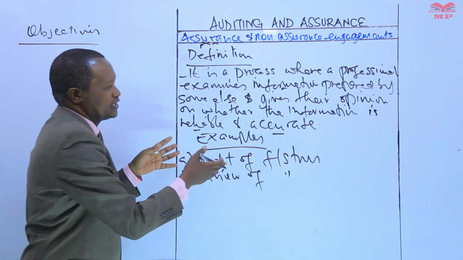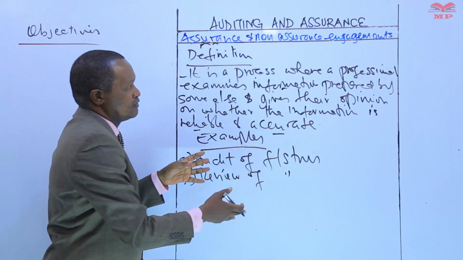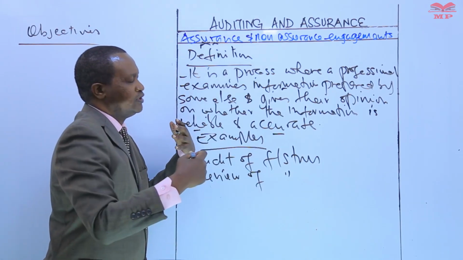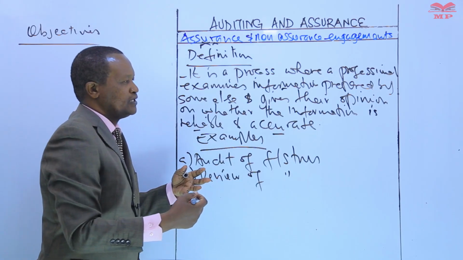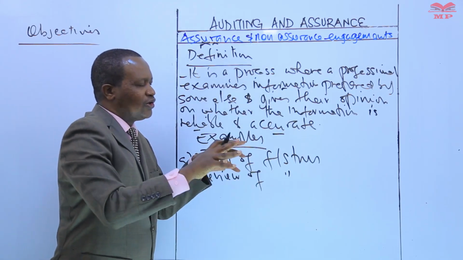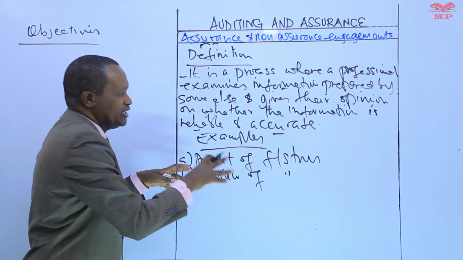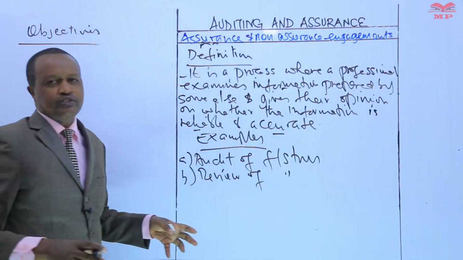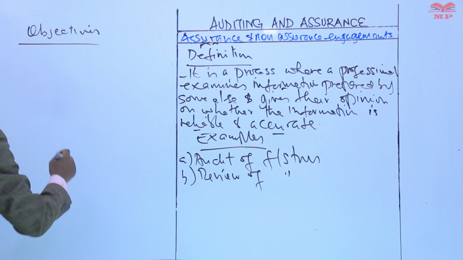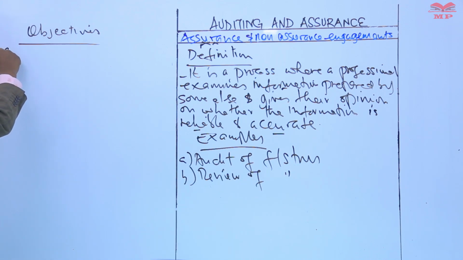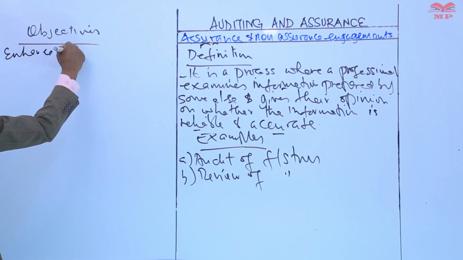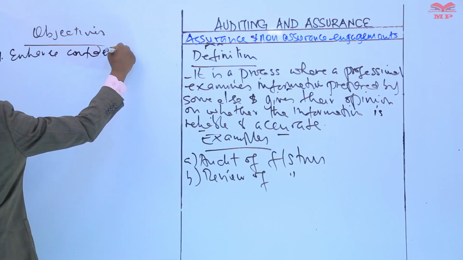Just as I've given examples here, the professional, through his opinion, can enhance the confidence of the users in the reliability and accuracy of the financial statements. Is to enhance confidence.